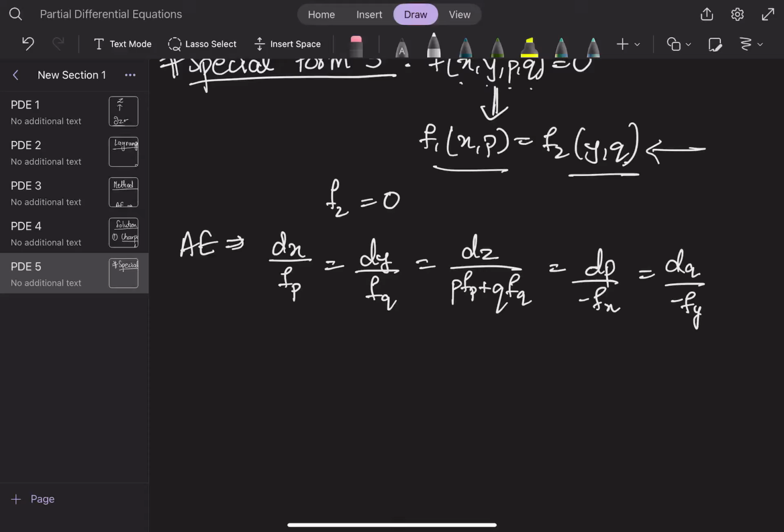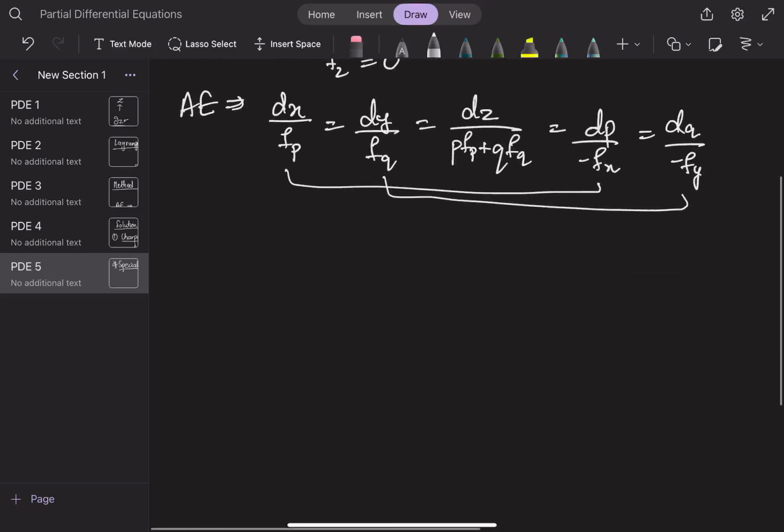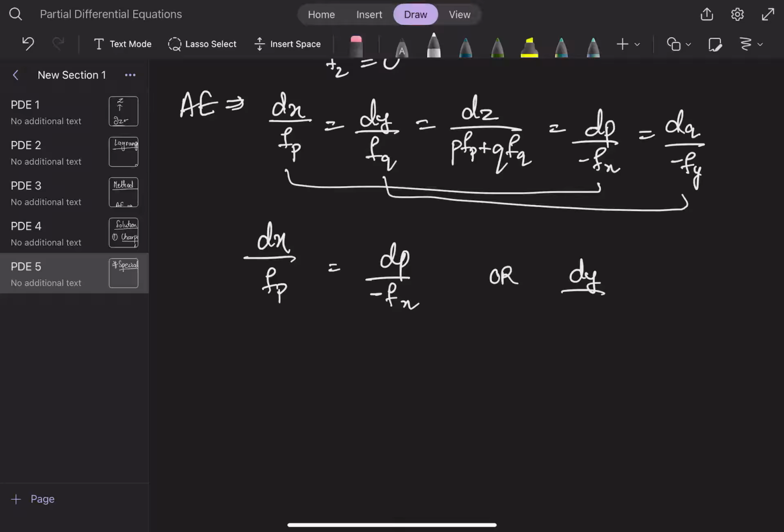So we will either use this or we will use this. So dx by fp is equal to dp by minus fx or dy by fq is equal to dq by minus fy.